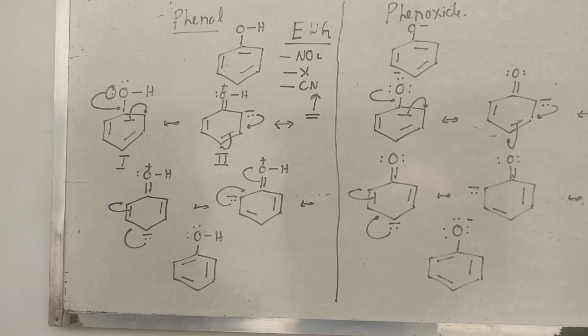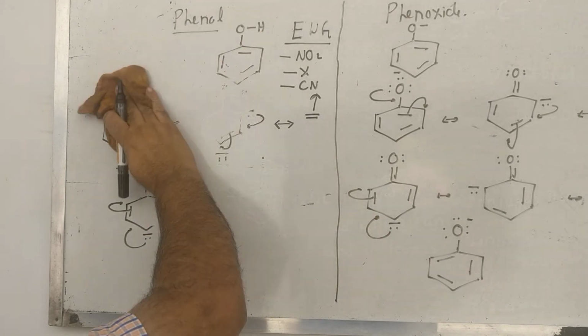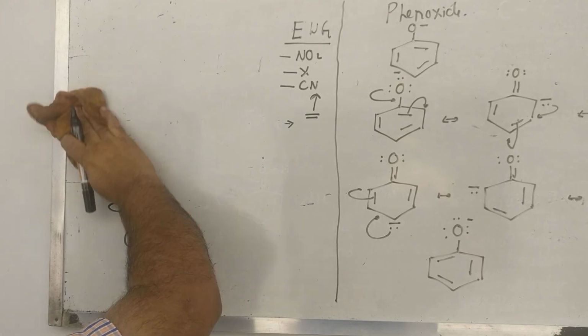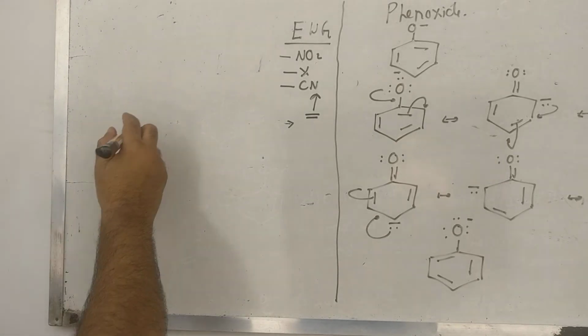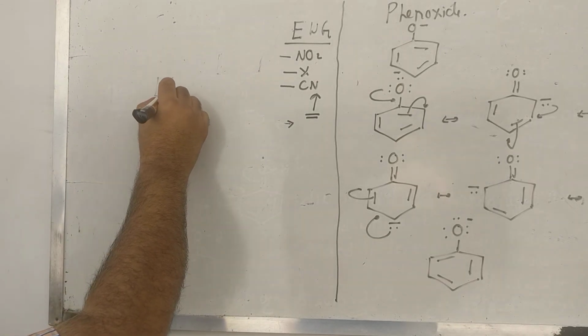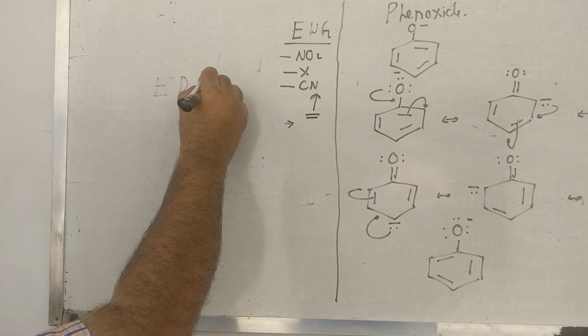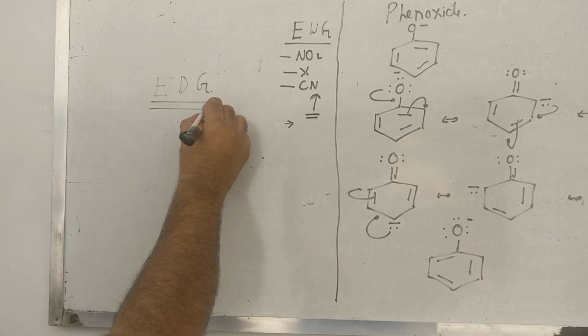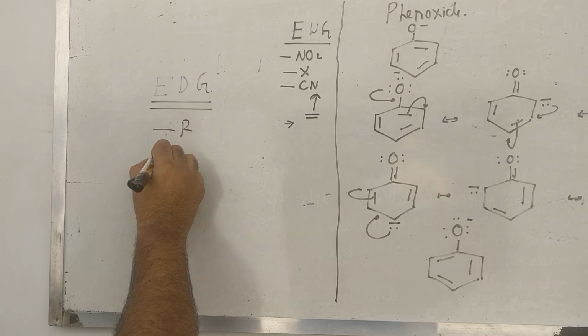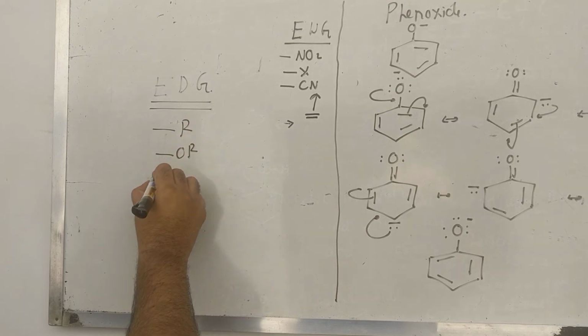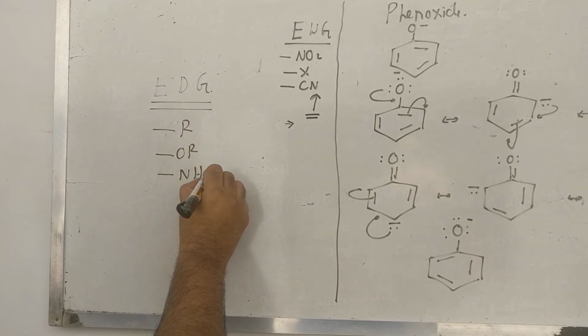And if you put on the benzene ring of phenol groups which are electron donating, that is EDG, electron donating groups, namely your R group, OR group, your NH2 group, all these are electron donating groups.